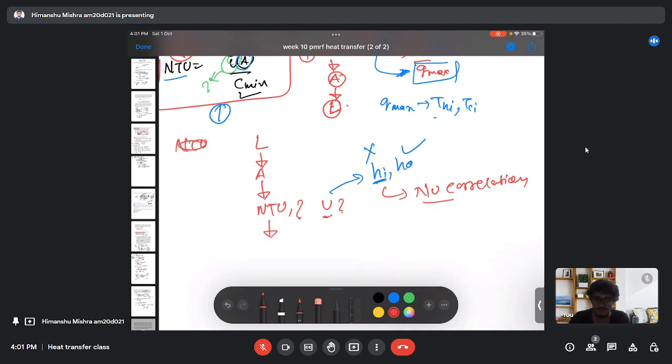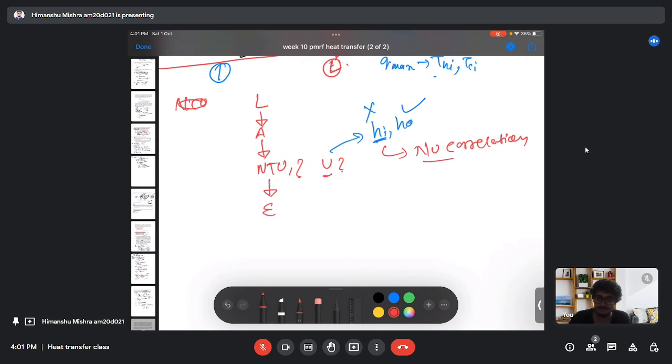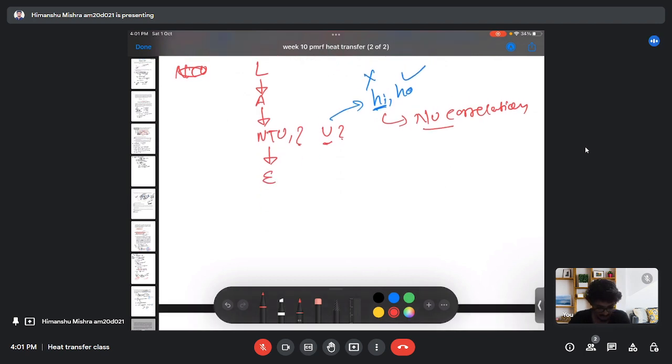Now to find the NTU here, we need effectiveness, and for effectiveness we need the maximum heat transfer as well as the actual heat transfer. We are given the actual heat transfer. We need to find the maximum heat transfer, and we can easily find it if we are given the inlet temperatures of the hot and cold fluid.